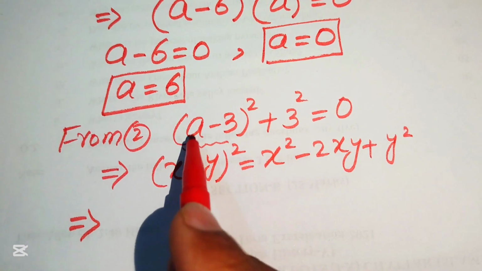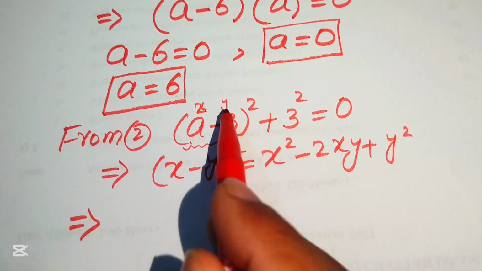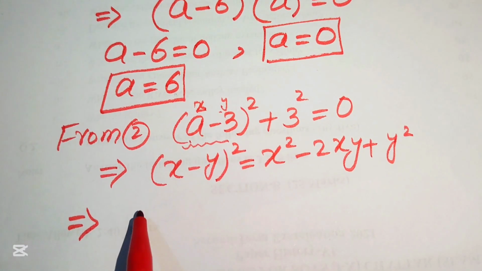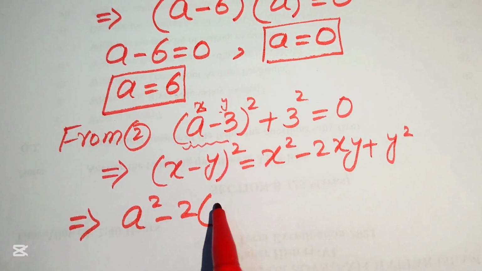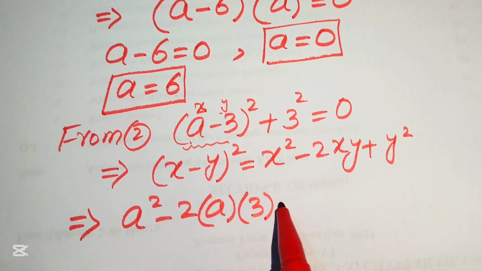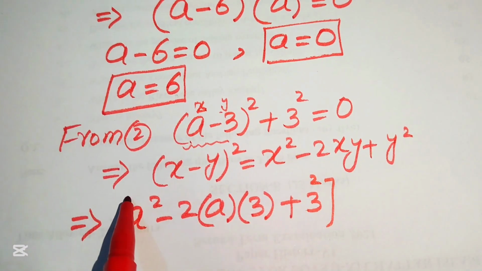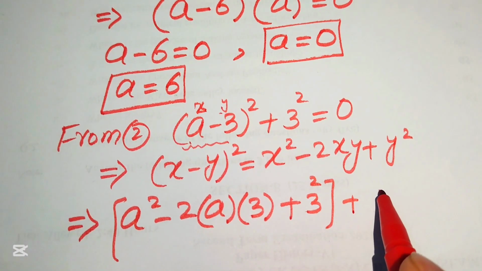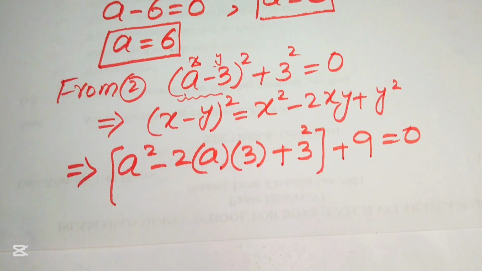Here the value of x is a, and the value of y is 3. So we put these values on the right hand side, and it is written as a square minus 2 times xy, where x is a and y is 3, plus y square. Y is 3, so this is 3 square, which equals 9, and this whole equation equals 0.